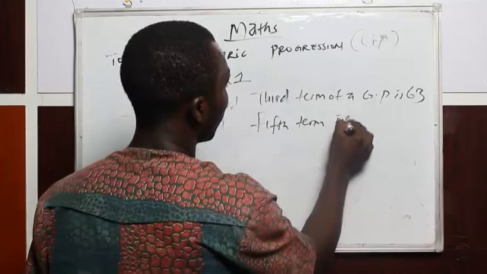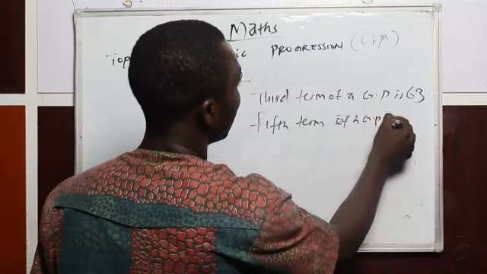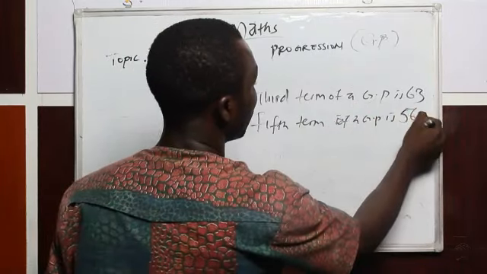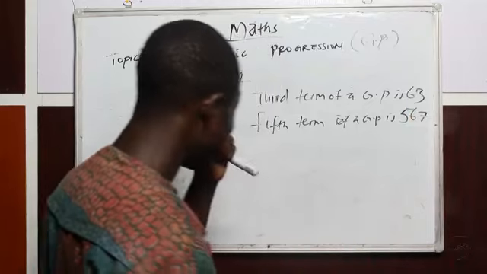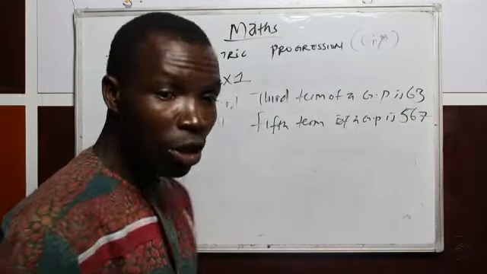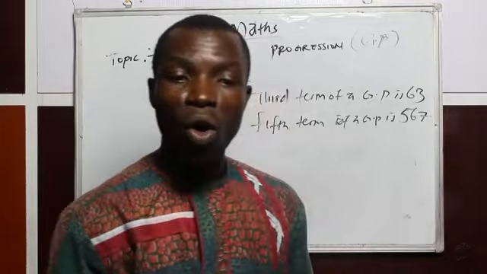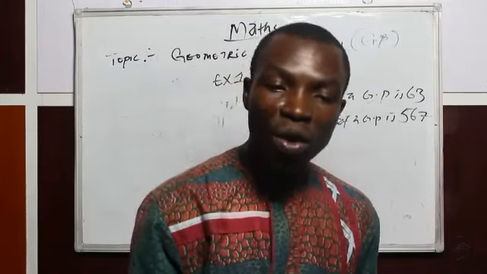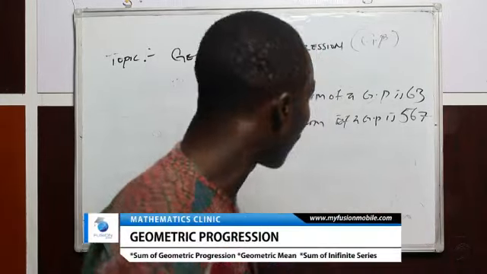The question is, what is the sum of its first 7 terms?